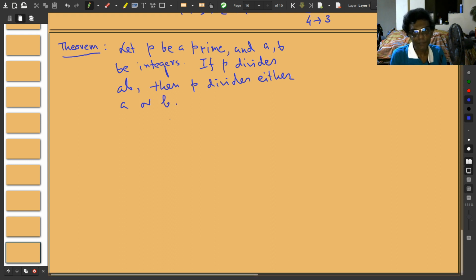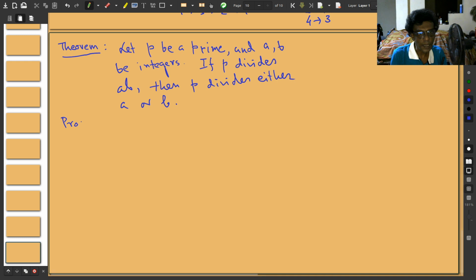Why? So this is our left side. P divides AB implies P divides A or P divides B. So I will assume that P divides AB, but P does not divide A. I have to show that in that case, we must have that P divides B.